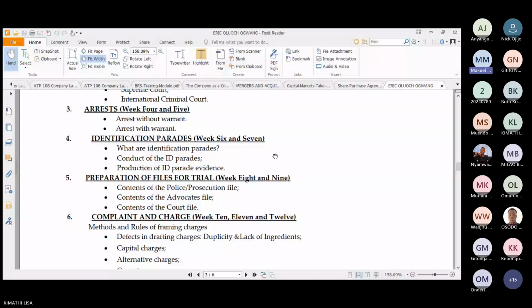It is very, very examinable, both in your oral exams and in the bar examinations. Advocate's file, somehow not that much. The court file, not that much, but you need to look at it, because unless now when you become a judicial officer. Yes, Onderi Mora, your hand is up.